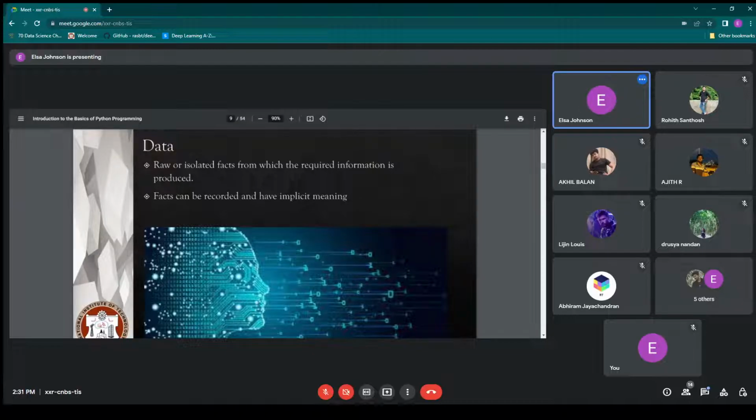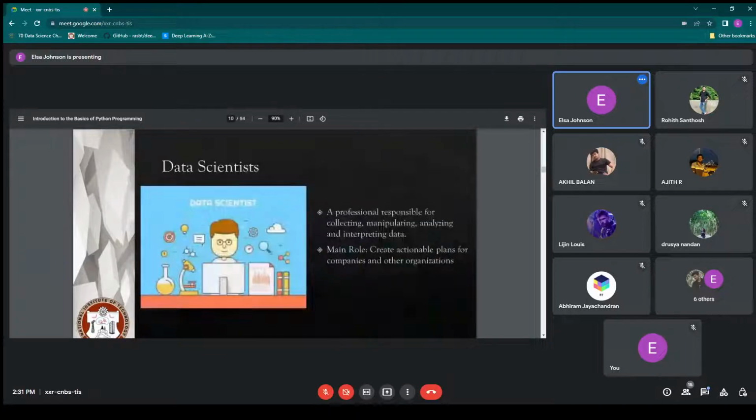When it reaches the stage where information can be produced, I'll say six chairs and a table in a specific place. If I mention that, then it becomes information. Now facts can be recorded and they might have implicit meaning.